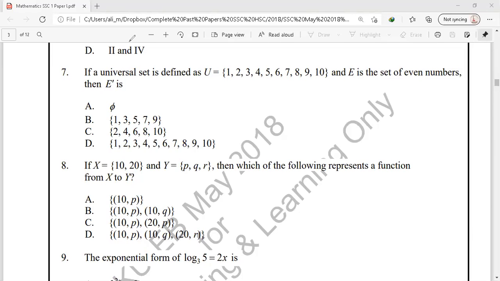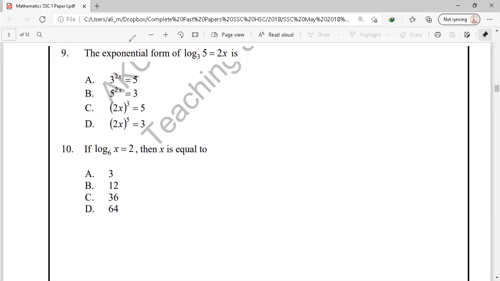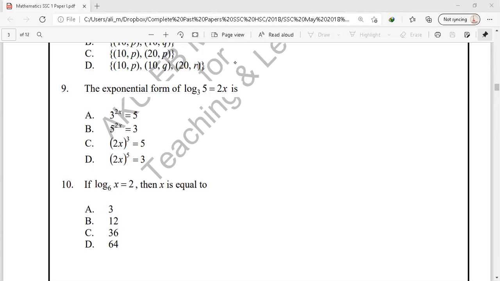So let's move to our question number 9 and 10. In question number 9, we need to make the exponential form of log of 5 to the base 3 equals 2x. To make the exponential form, we take the base of the log to the opposite side as a base, and the value that is already there becomes the power. So 5 would be equal to 3 raised to the power 2x.